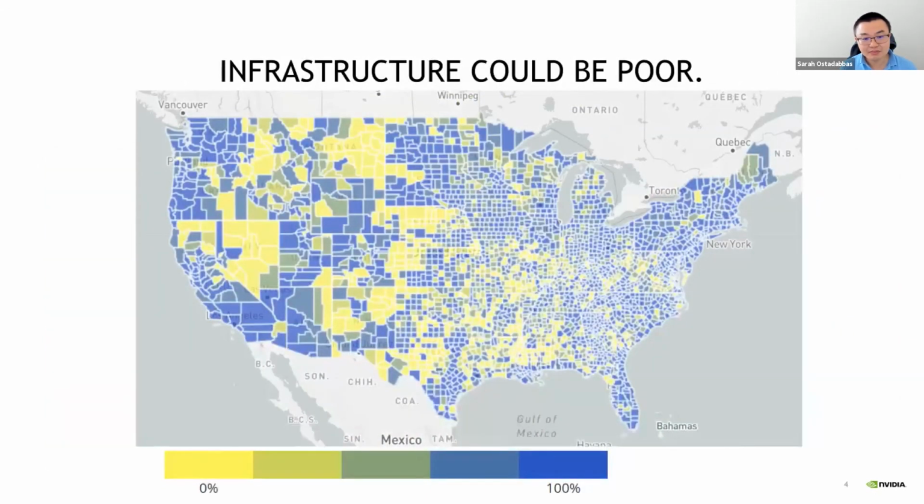Also, in some places, infrastructure could be very poor. Not everywhere has high-speed internet, especially in mountain areas. So bandwidth is still an issue.